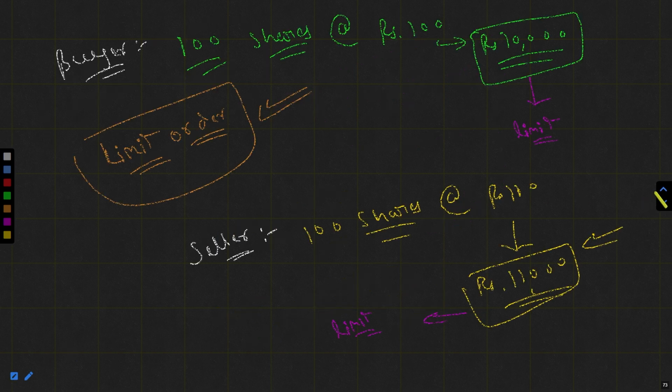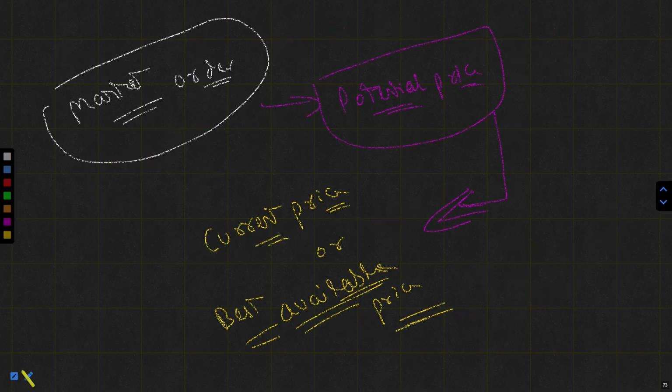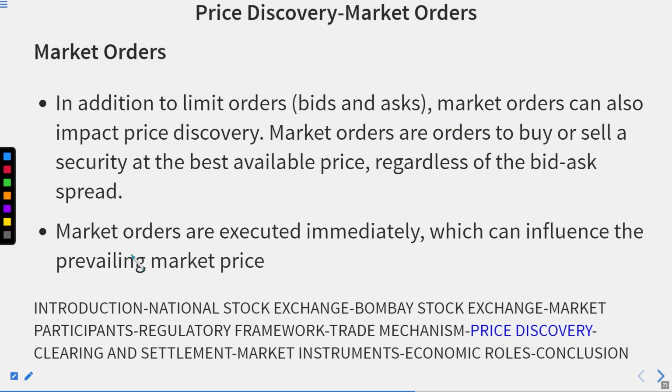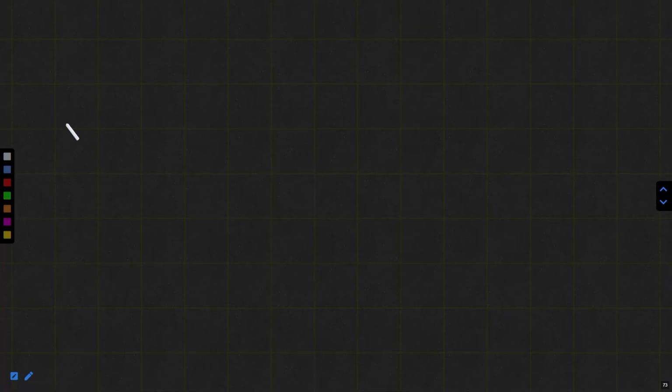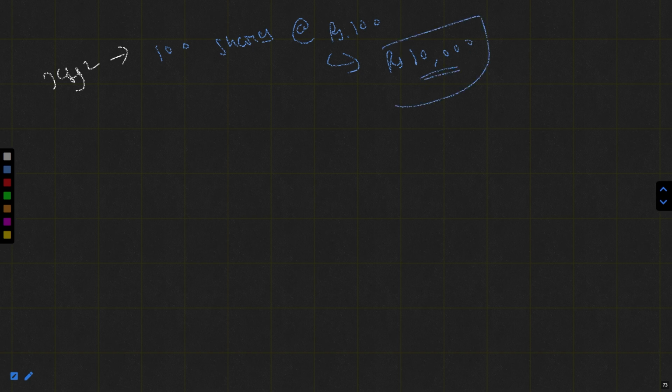Okay, so remember, this is the live example again between the limit orders and the market orders. Market orders are executed immediately, which can influence the prevailing market price. All right, for example, suppose the XYZ shares are available at 100 shares at rupees 100, for example, total valuation is rupees 10,000.